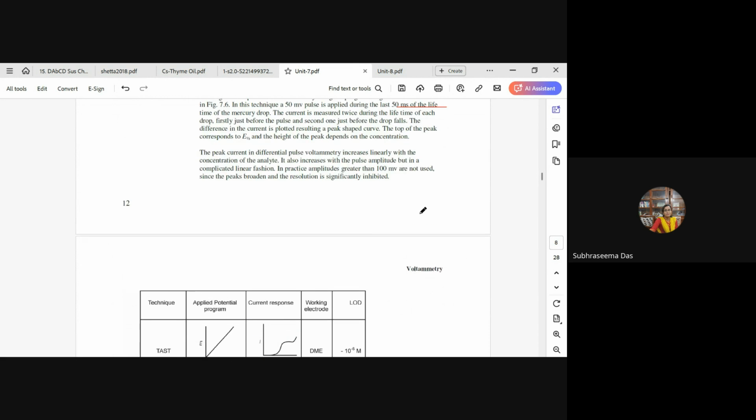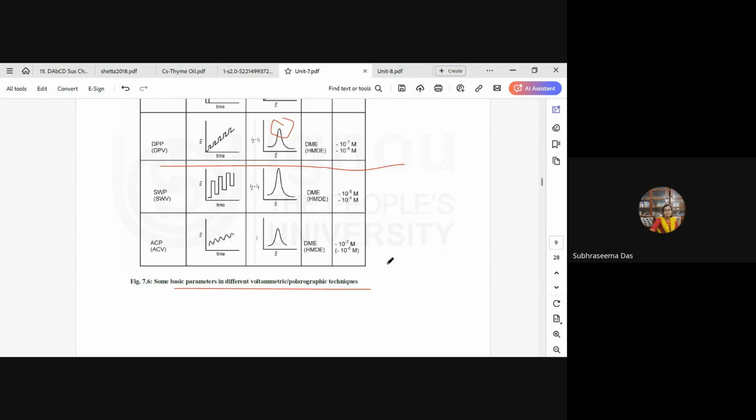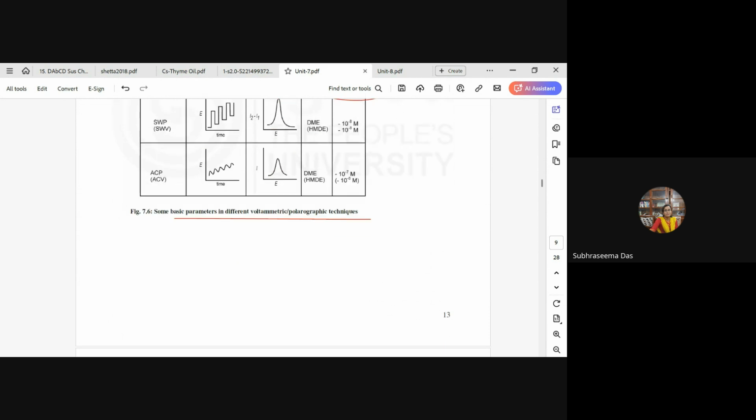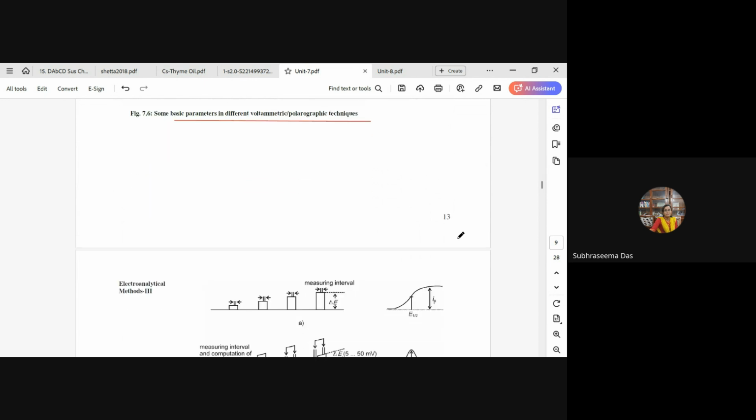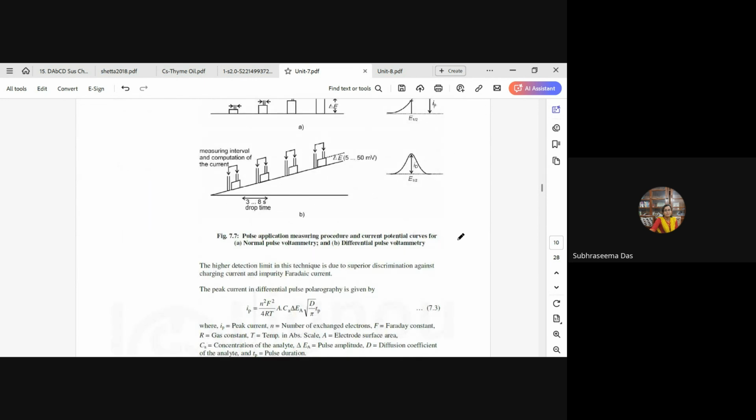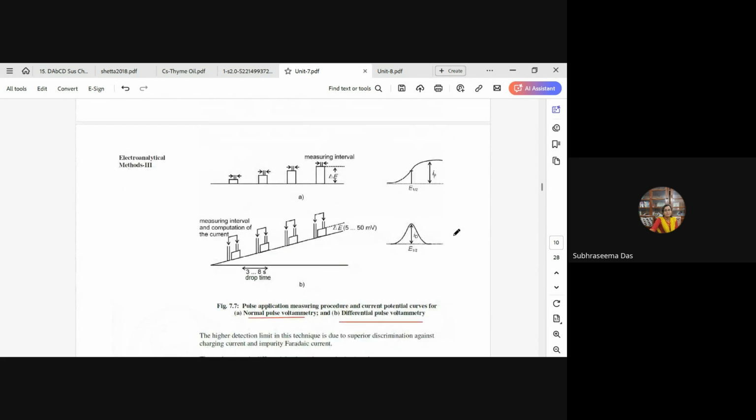The peak current in differential pulse voltammetry increases linearly with the concentration of the analyte. It also increases with the pulse amplitude, but in a complicated fashion. In general practice, amplitudes greater than 100 mV are not used because we get a broader peak rather than a sharp peak. Figure 7.7 shows the pulse application procedure and current potential curves for normal pulse voltammetry and differential pulse voltammetry.